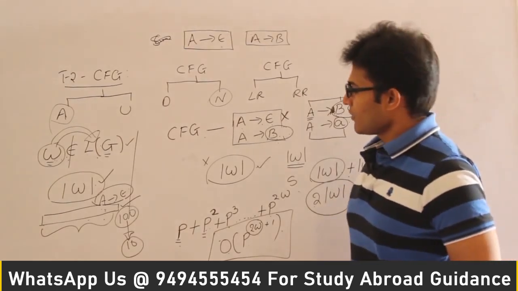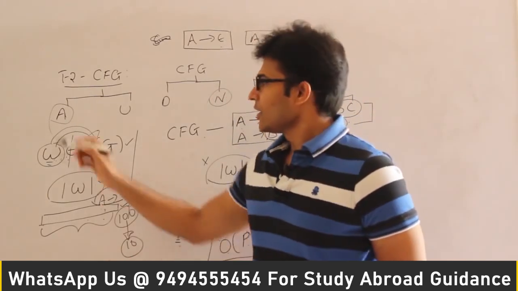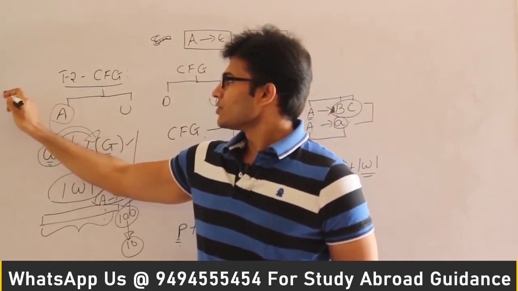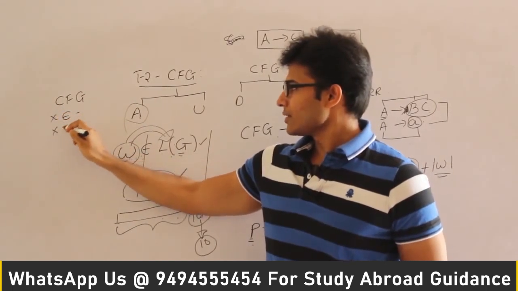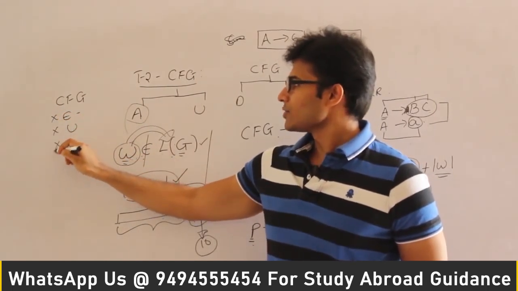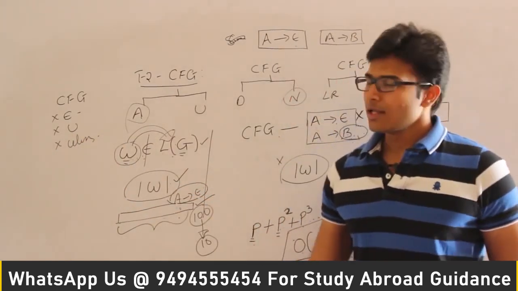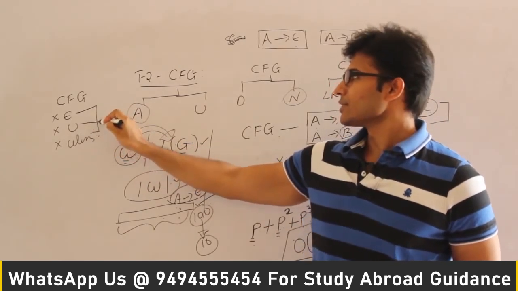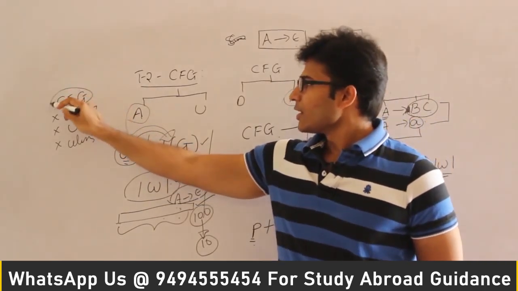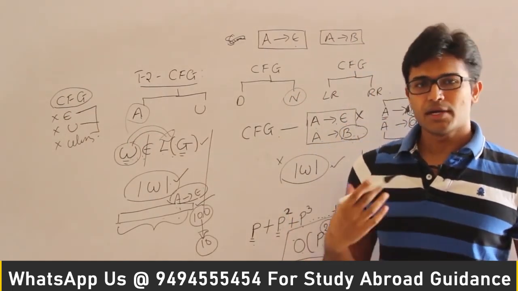So basically whatever algorithm you want to use, you should make sure that your context free grammar does not contain epsilon productions, does not contain unit productions, and does not contain useless symbols. Some symbols will be useless in the grammar. If you eliminate epsilon productions, unit productions and useless symbols, then whatever grammar you get, you can apply some more conversions to it and you could apply better algorithms.